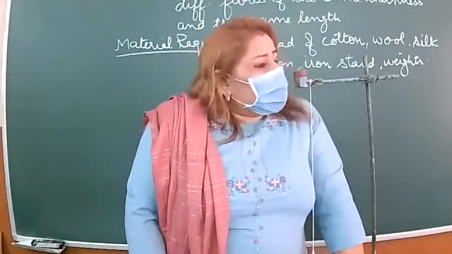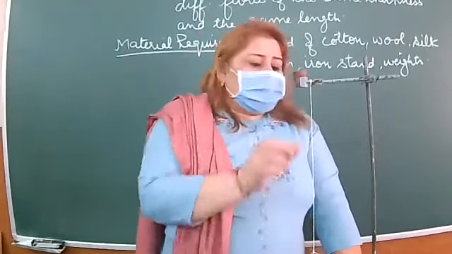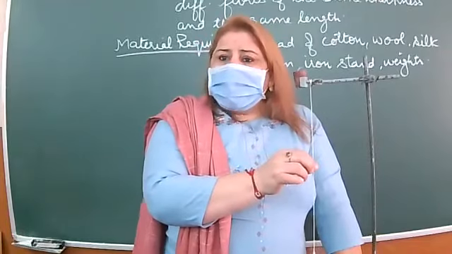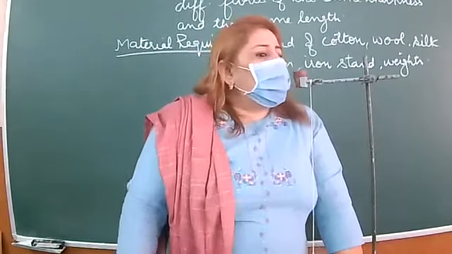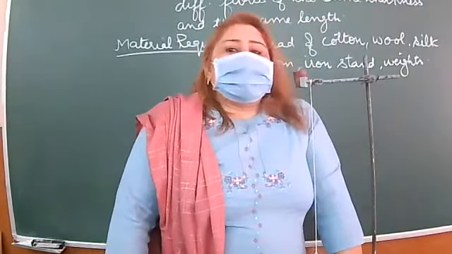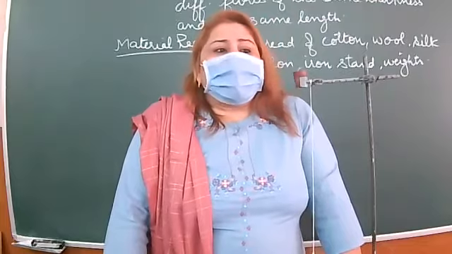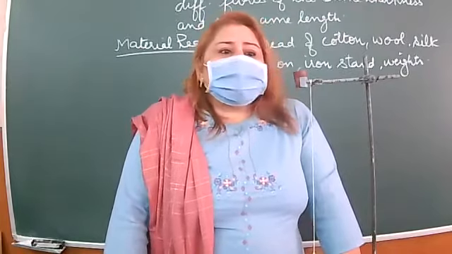But if we do the same with the wool also, it will break. Polyester is what? Synthetic fiber, that is man-made fiber. So it has more tensile strength. Tensile strength meaning? It can hold weight without breaking. Is it clear?